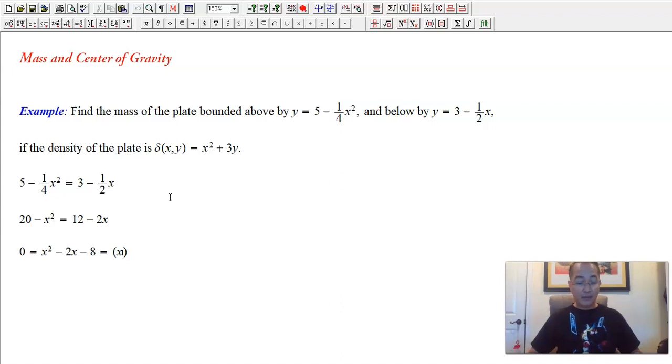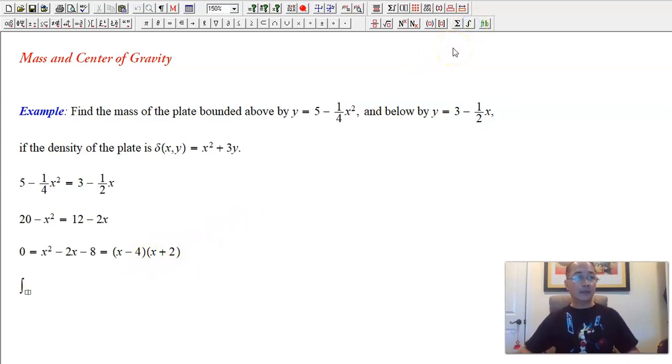So we have x minus 4. Does that work? And x plus 2. Yeah. Negative 4x plus 2x gives us minus 2x. Minus 4 times 2 gives us minus 8. Okay. So our suspicions are correct. Our integral will start at -2 and will end at +4.